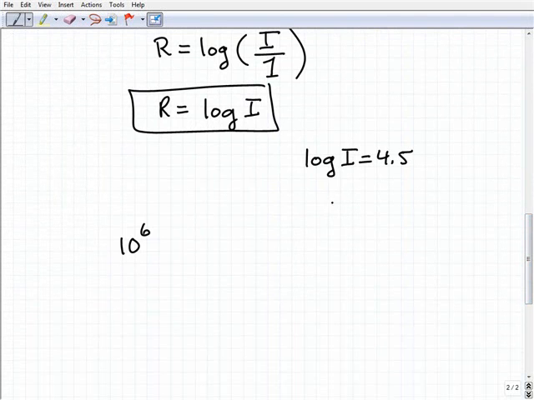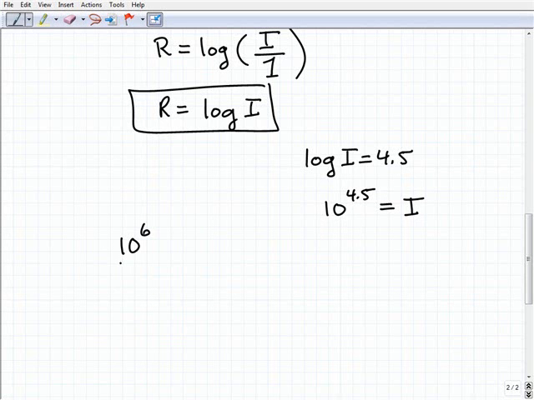I have to change that into an exponential situation, so 10 to the 4.5 power is the intensity of a 4.5 magnitude earthquake on the Richter scale. Now I want to know how much stronger a 6.0 earthquake is versus a 4.5, intensity wise.